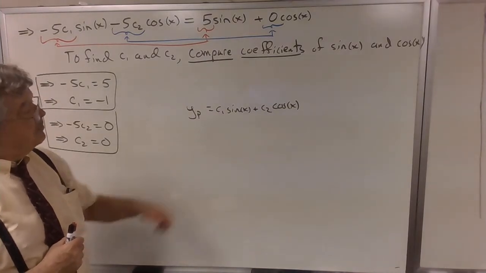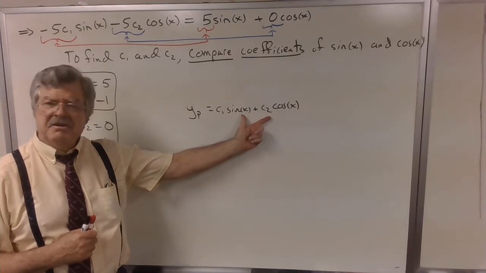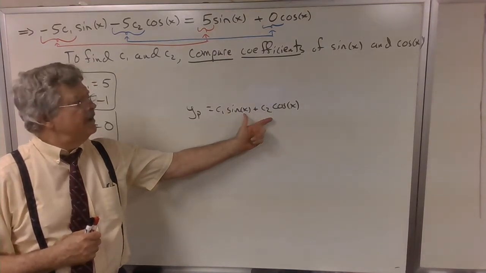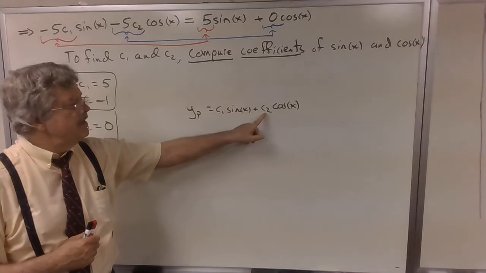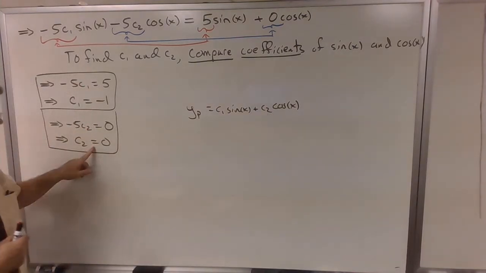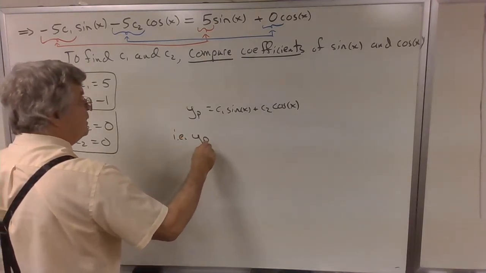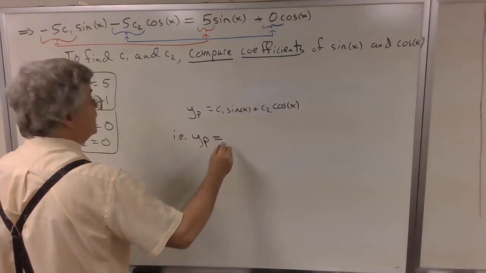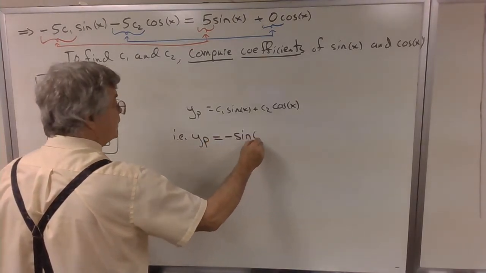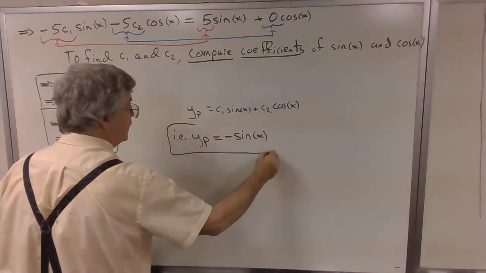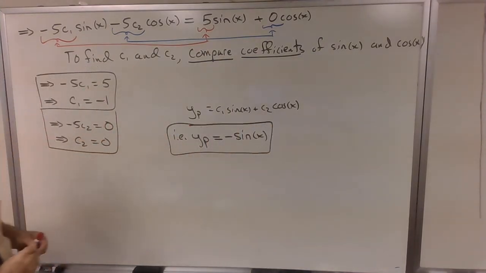Well, if the particular solution really doesn't have a cosine of x term, then its coefficient is going to turn out to be 0. The problem solves itself. So here's what our particular solution turned out to be. That wasn't half bad, was it? As a matter of fact, I kind of enjoyed it.